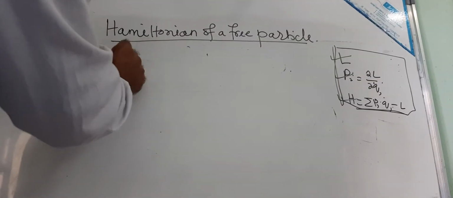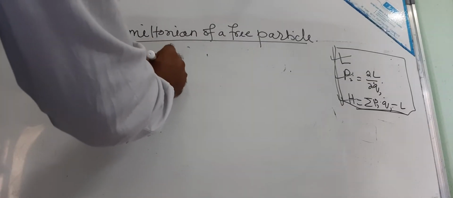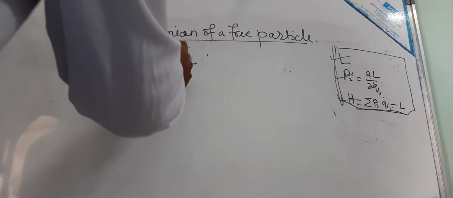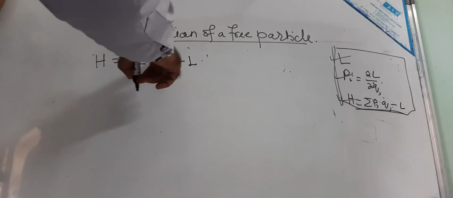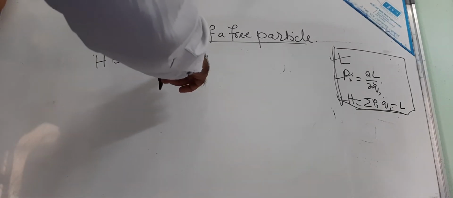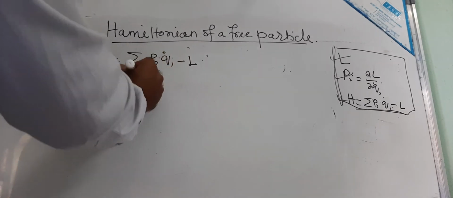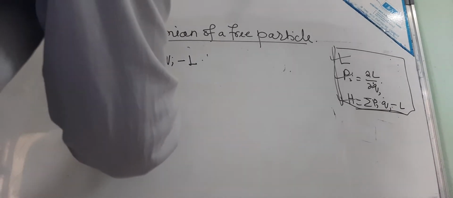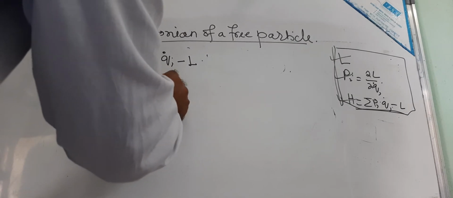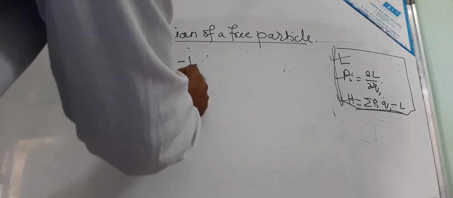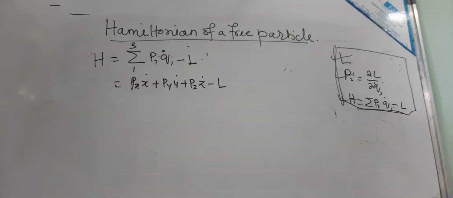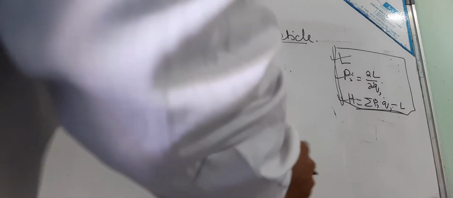H equals the summation of pi qi dot minus L, that is momentum times generalized velocity minus Lagrangian, with i varying from 1 to 3. So this becomes Px x dot plus Py y dot plus Pz z dot minus L.